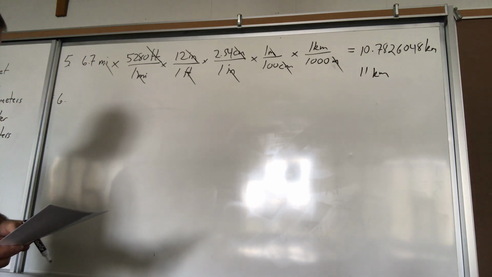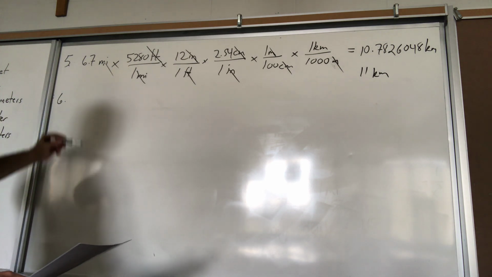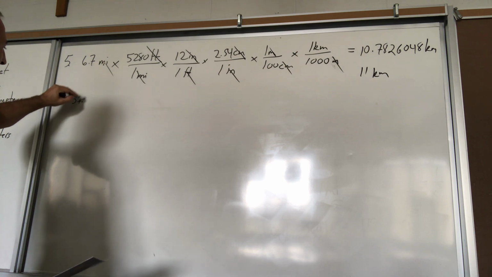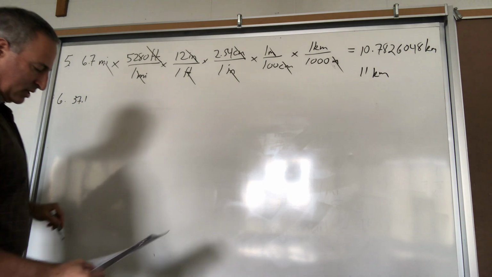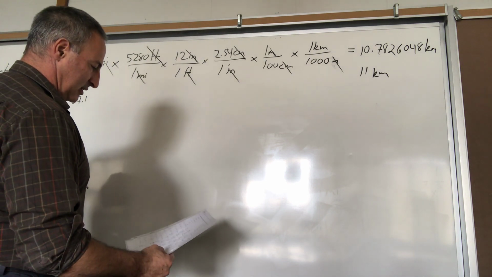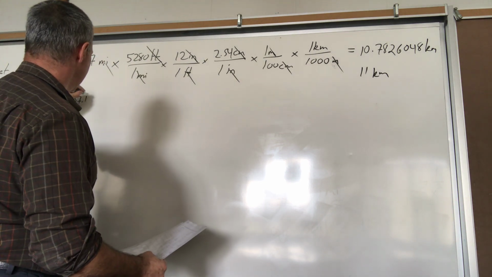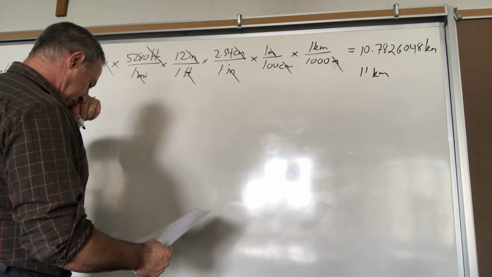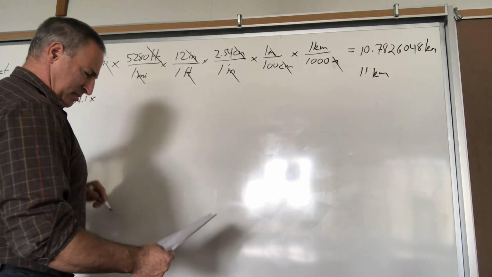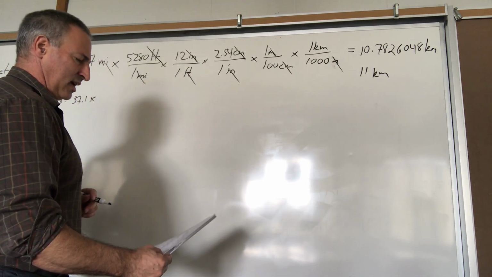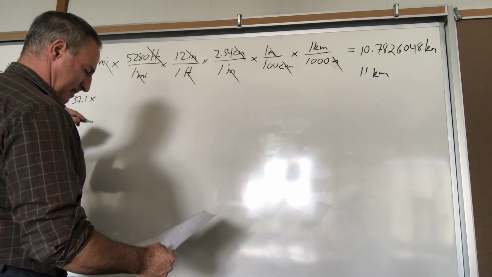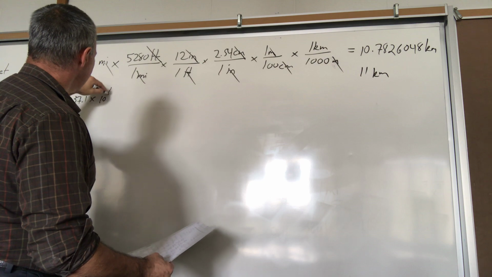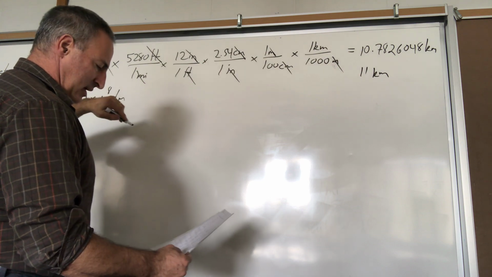Number 6, 37.1 times 10 to the power of 8 decimeters. Or is it decameters? No, it's decimeters, sorry. 10 to the 8 decimeters, dm.